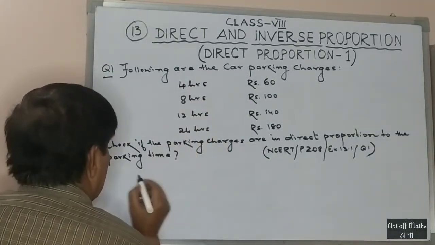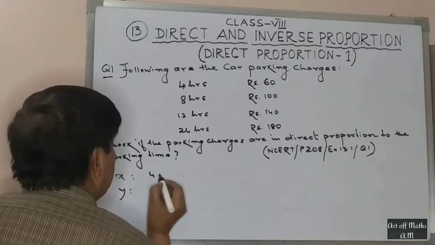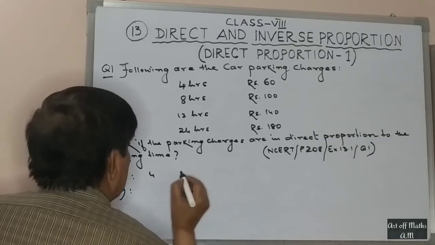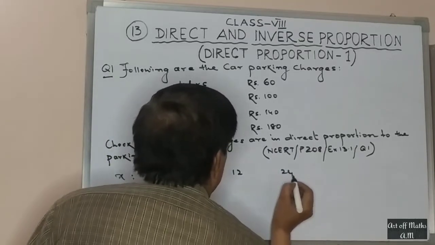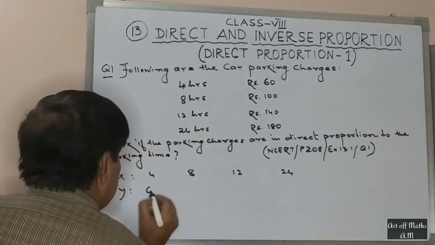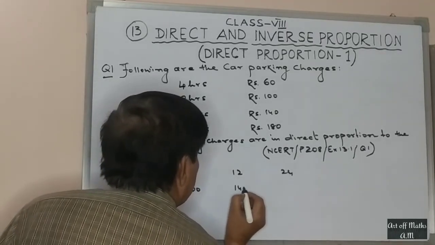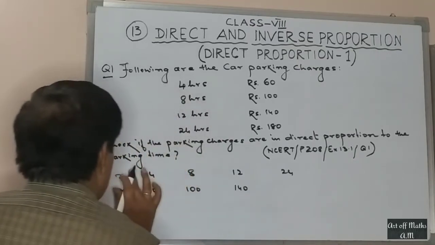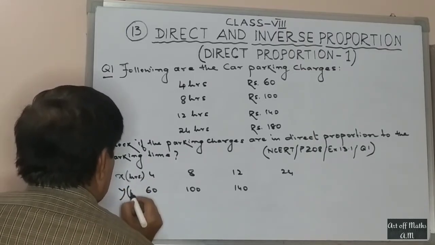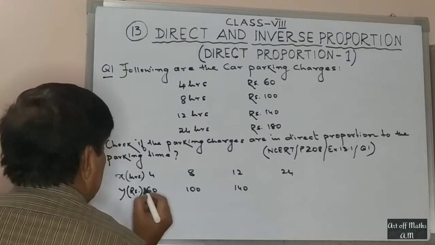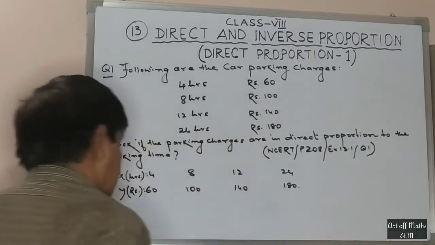Here x and y. x is 4, 8, 12, 24. y is 60, 100, 140, 180, in rupees, and x is in hours.